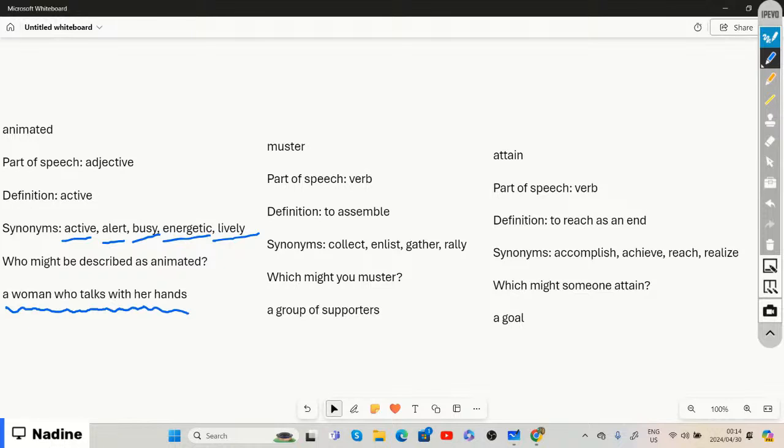I don't know if you've seen somebody talking with their hands, but they are constantly moving their hands, and so we can say that those people are animated. They are active, alert, busy, energetic, or lively. And it's usually people with great confidence that talk with their hands, or sometimes it can just be out of nervousness.